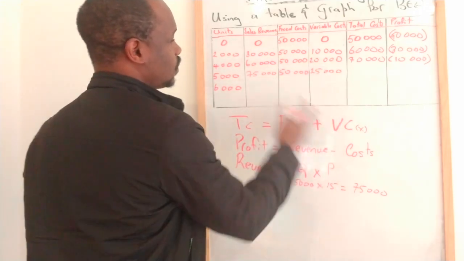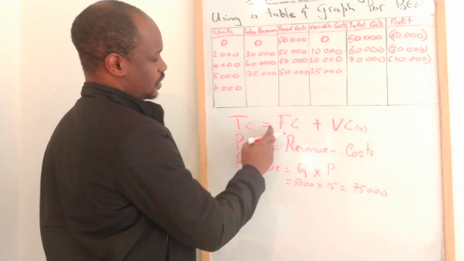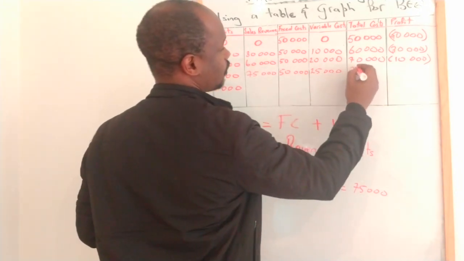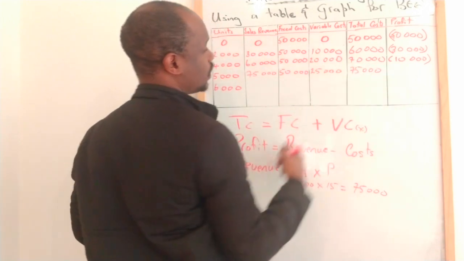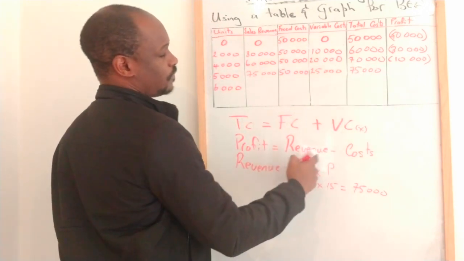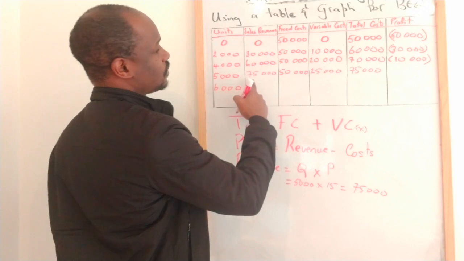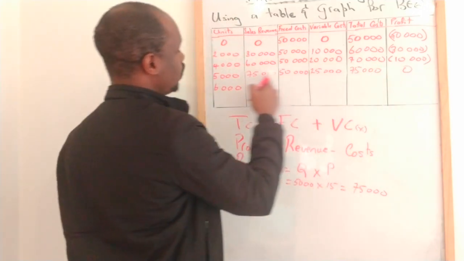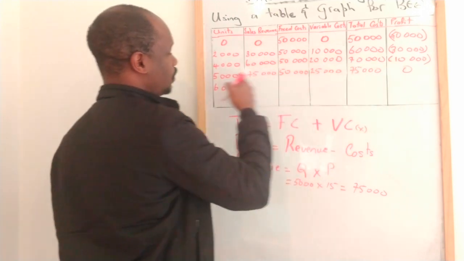Okay, so what is our total cost here? Total cost, remember, fixed cost plus variable cost. Fixed cost, variable cost, so that is 75,000. What is our profit? Profit, revenue less cost. What's our revenue? 75,000. What's our cost? 75,000. So right here we know that this is our break-even point.